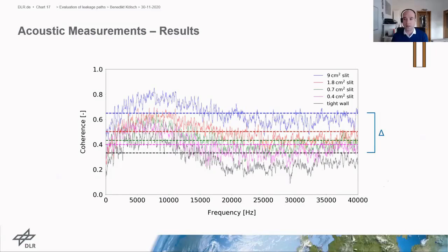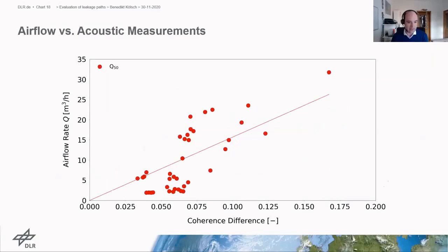So in order to see if this is reliable, or if we can predict the size of a leak or the airflow of a leak, we compared this value with the airflow rates we measured earlier. We see here on the x-axis this mean coherence value difference, and on the y-axis the airflow rate at 50 Pascal in this case.